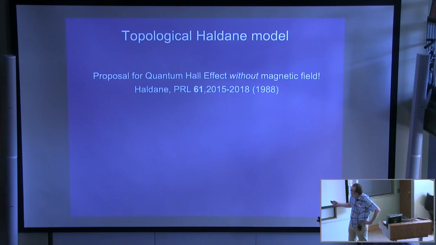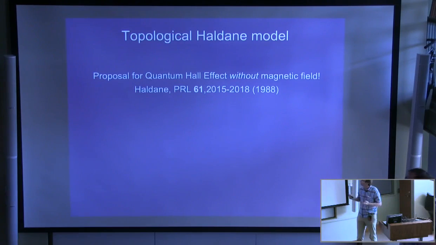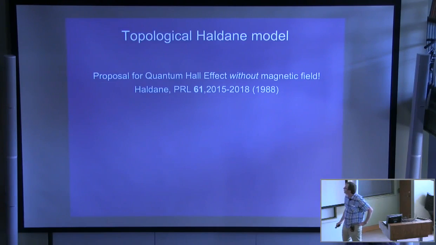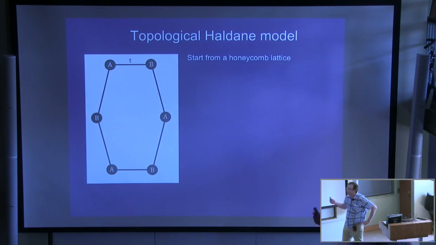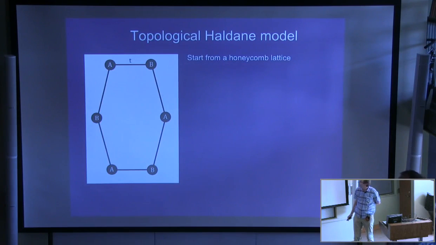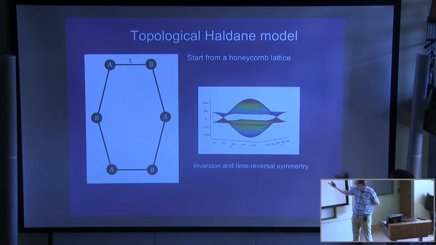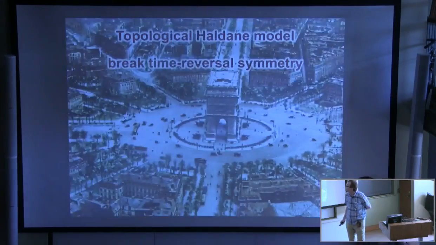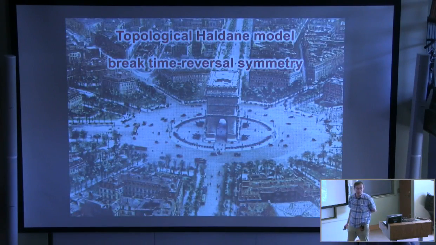and he set up a model where you have a quantum Hall effect without having a homogeneous magnetic field. And the idea of that model is the following: you start off with the honeycomb lattice and with its inversion and time reversal symmetry, and now you break time reversal symmetry.